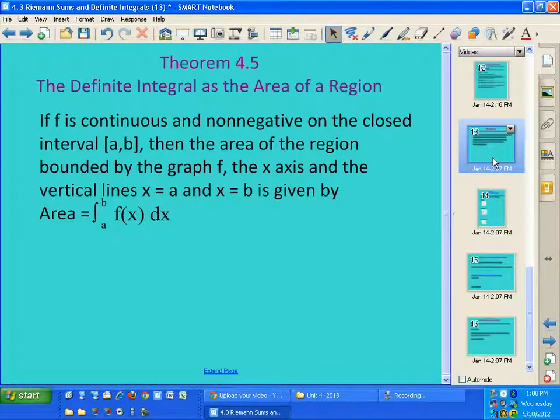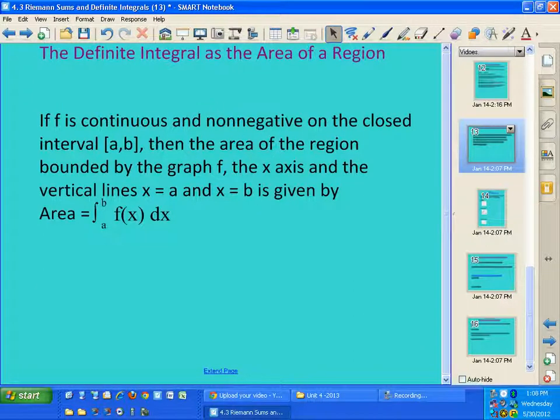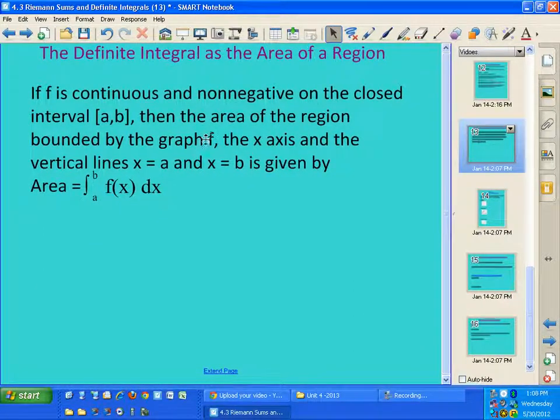So what he decided is that the definite integral can actually help us find area. We're giving you a function, say something like f of x here.